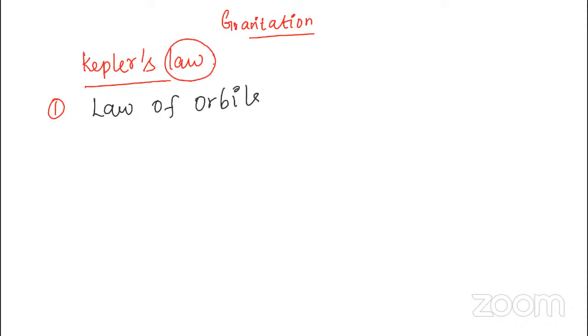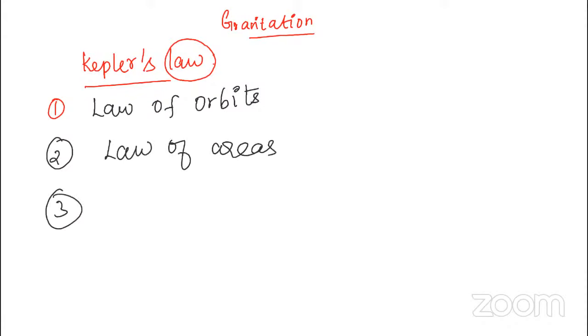Second one, law of areas. And third one, law of periods. What important points are there in the law of orbits, in the law of areas, and in the law of periods, and the problems related to them, we will work out in today's class.